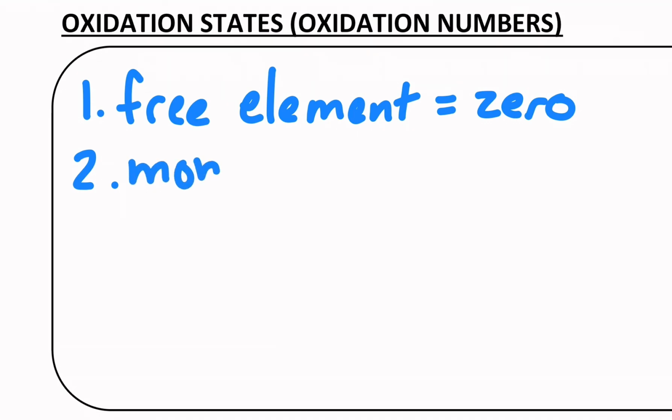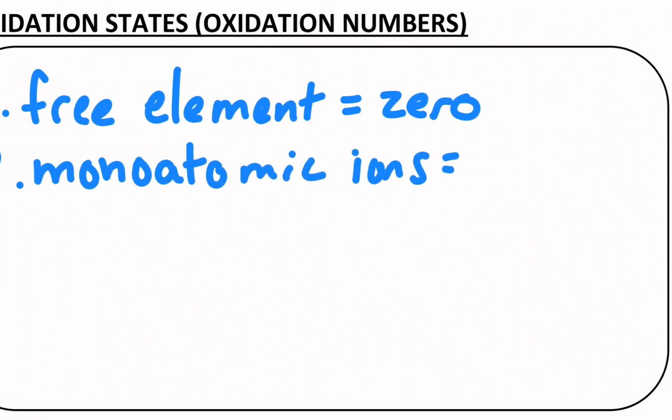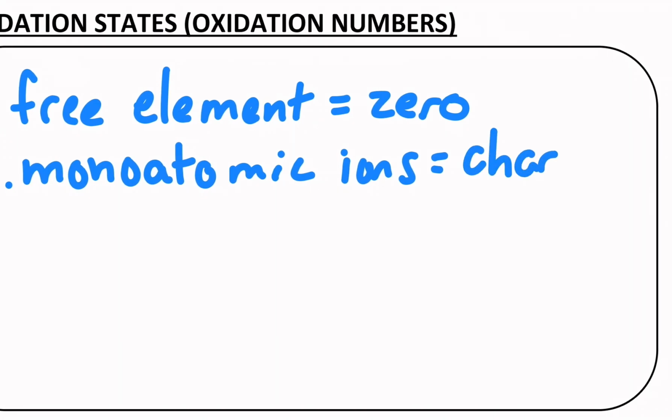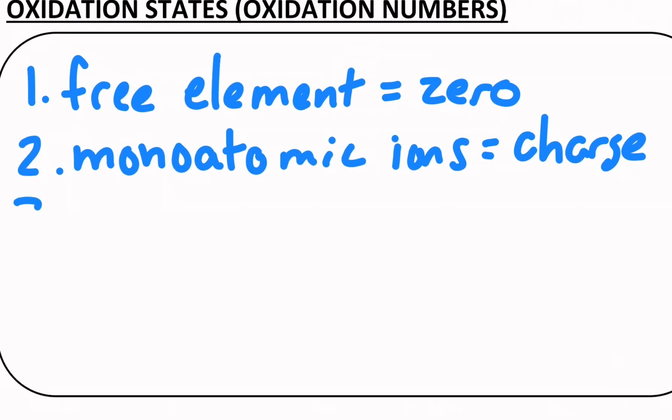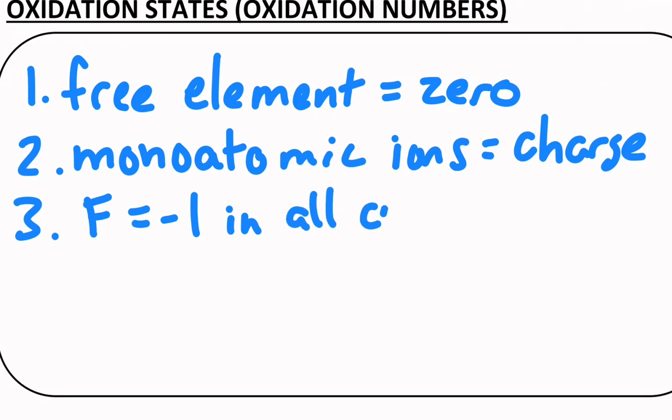Monoatomic ions just equal the charge. So sodium ion would be +1, calcium ion would be +2, fluoride ion would be -1. Speaking of fluorine, fluorine is -1 in all compounds.